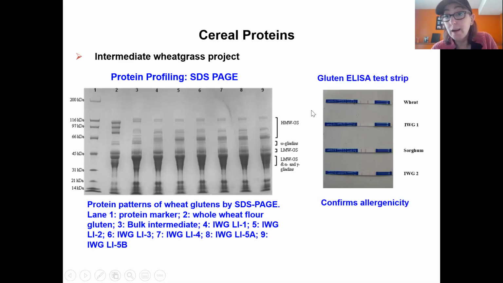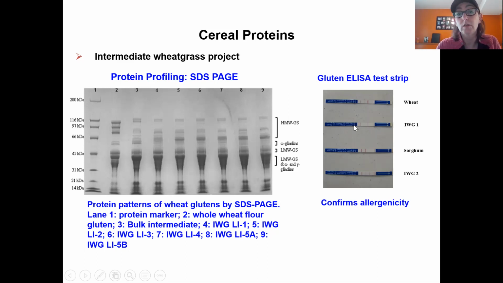But they are not gluten-free. So if we want to formulate with them, we cannot say it's gluten-free because they have some of those characteristic components. Gliadin is also responsible for some allergenicity and gluten sensitivity.